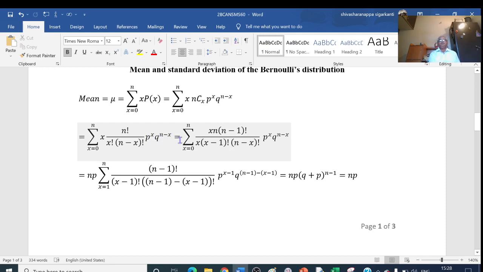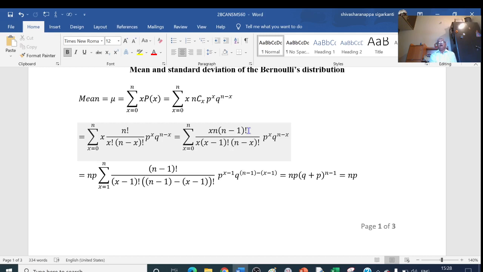This is equal to sigma x. I will keep this as it is. n factorial can be written as n into n minus 1 factorial, because 10 factorial is nothing but 10 into 9 into 8 into up to 1. Wherever we stop, we put a factorial sign there.